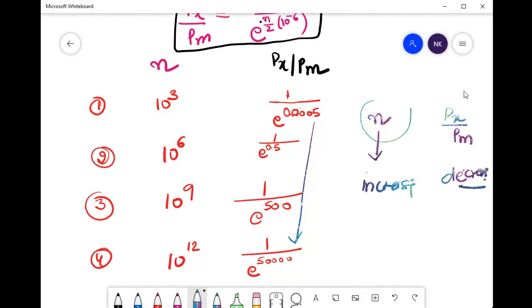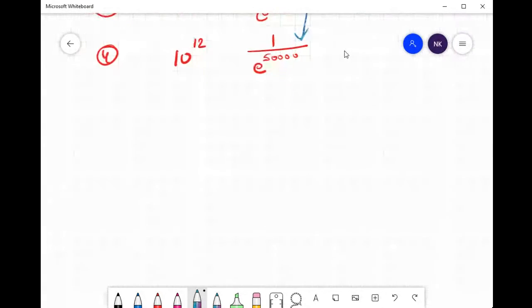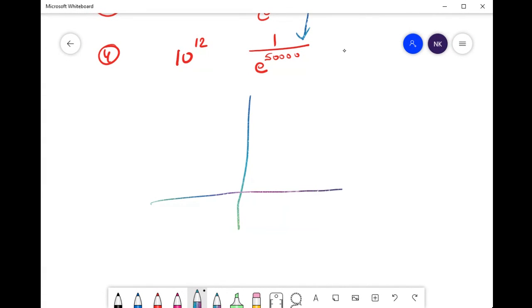If I am just plotting a graph between the two, I get a graph like this. I am plotting the fractional deviation against px by pm.